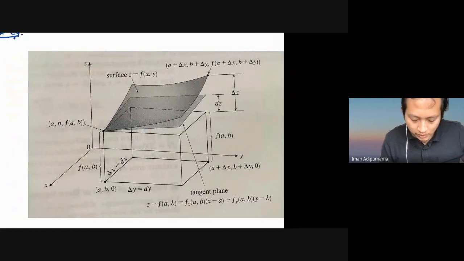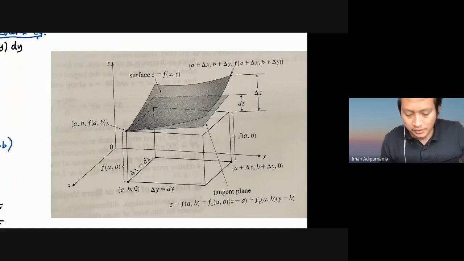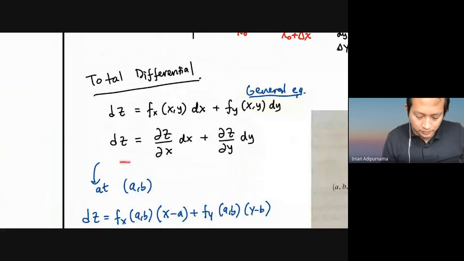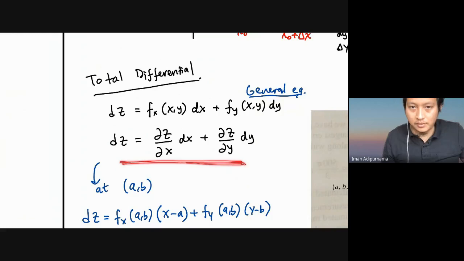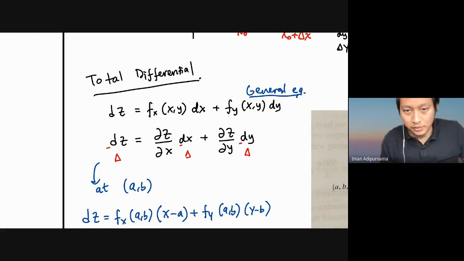And thus we can write all the delta terms into dx and dy. That is why you can have this equation here. You can still think of this as a delta, but when you are doing the differentials, the d means the rate of change. You can think of this as a rate of change.